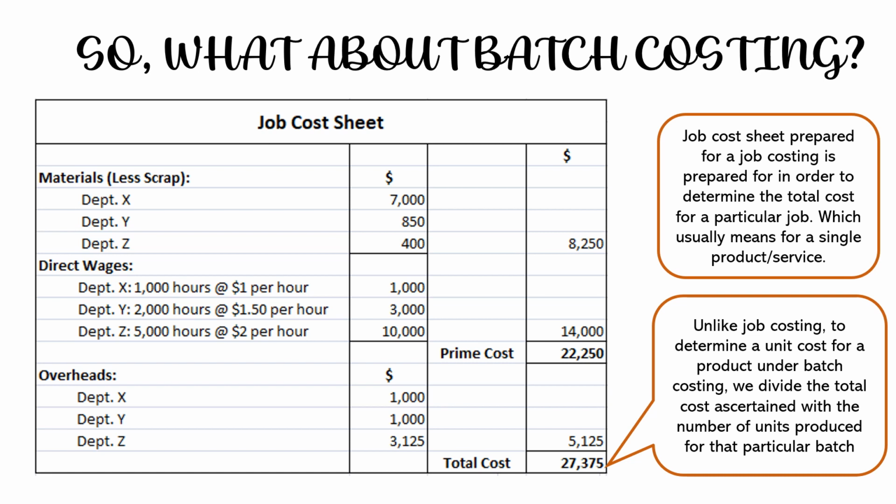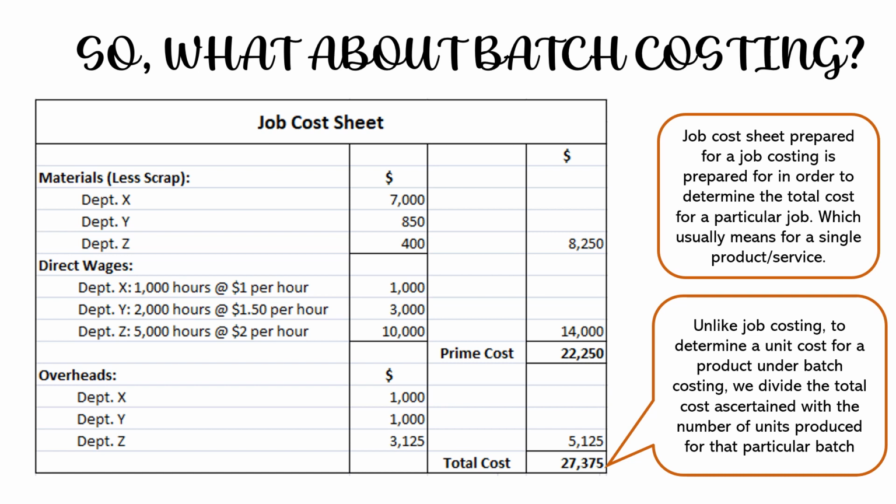However, in batch costing, to determine the unit cost, the cost per unit, we need to divide the total cost. As shown in the slide, 27,375 ringgit is the total cost determined for, let's say, one particular batch, and we need to divide this cost by the number of units produced for this batch.